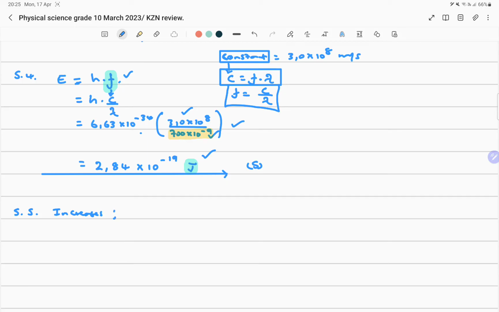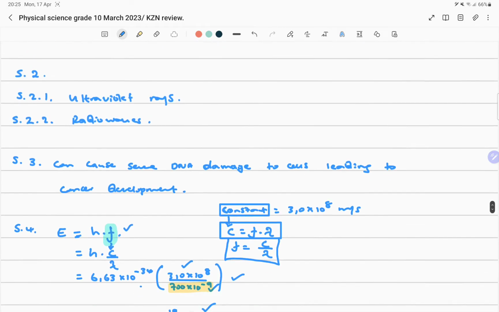The reason we know that energy is inversely proportional to wavelength, isn't it? Sometimes you can use an equation. Remember, there was an equation there. You can write it like this. That's a reason on its own. They didn't say in words, okay?